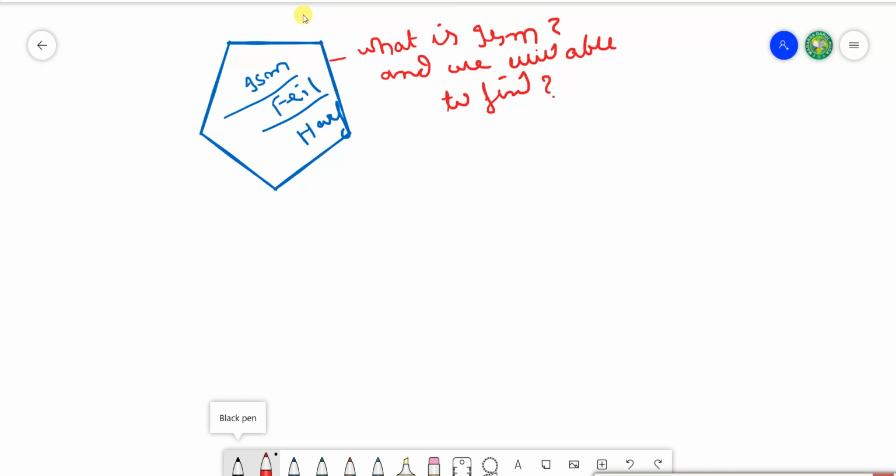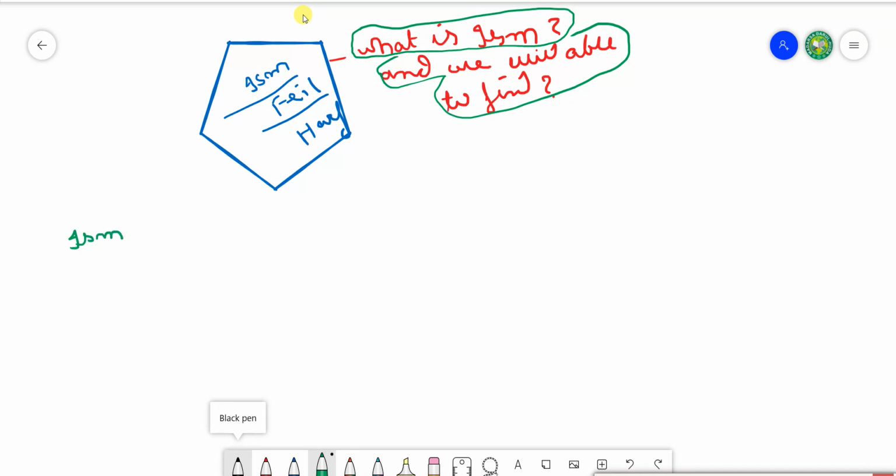First, what is ism? And second, how will we be able to find ism from the sentences? So first we are going to find out the definition of what is ism, and then we will jump to the other question, how we are going to find out the ism from the Arabic sentence. So let's find out what is ism.